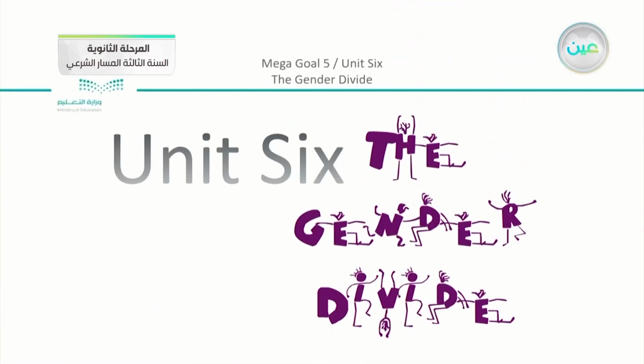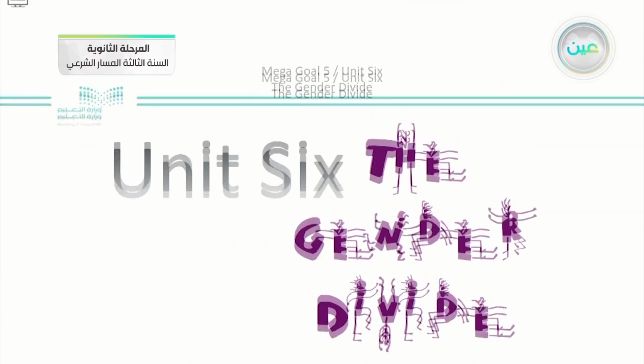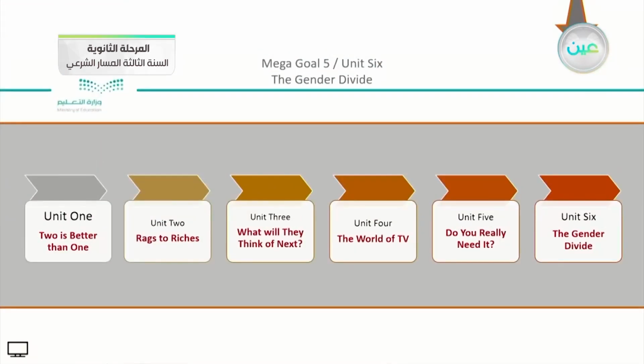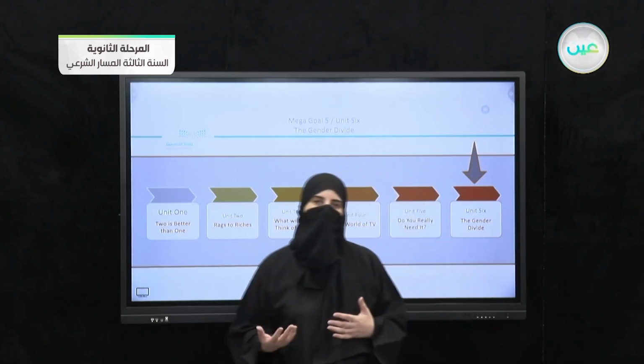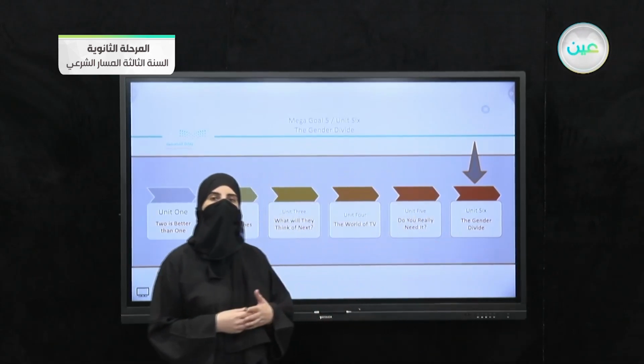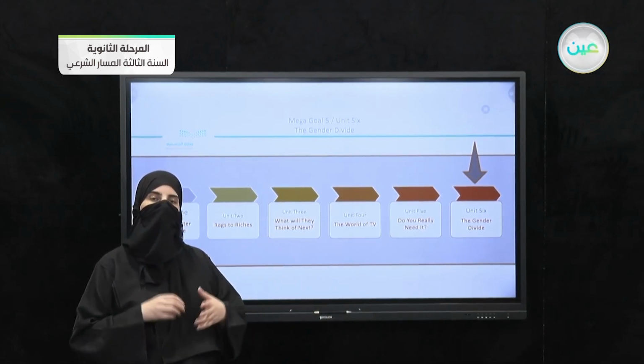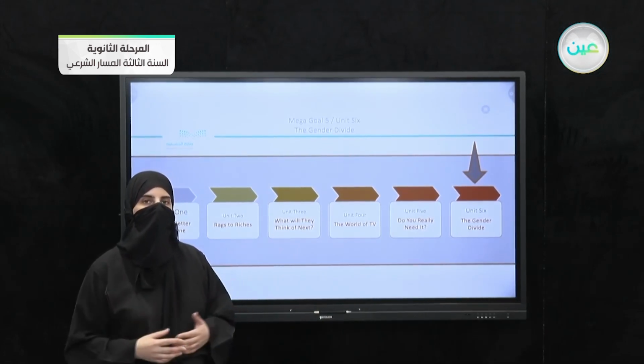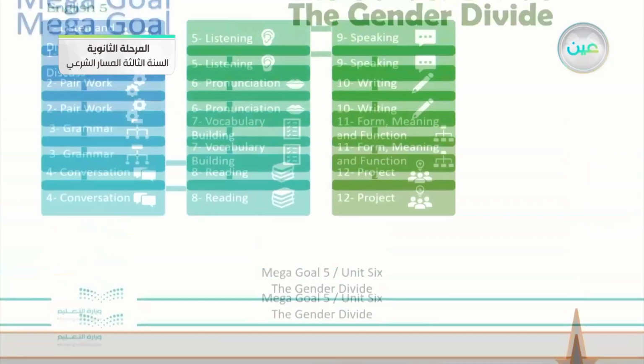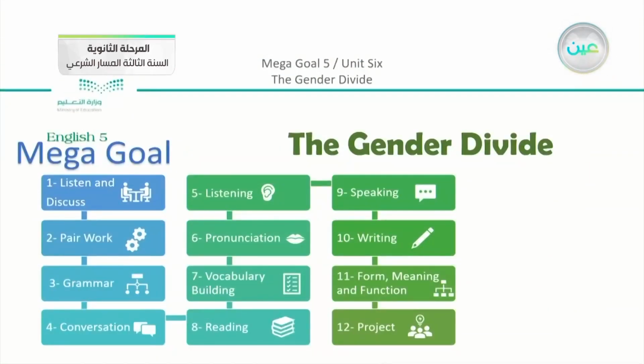We have unit 6, titled The Gender Divide, and in this last unit we relate the types of advertisements to the people in society. Specifically, we are going to talk about the topic of genders. So moving on, we are going to start with the first lesson, which is Listen and Discuss.